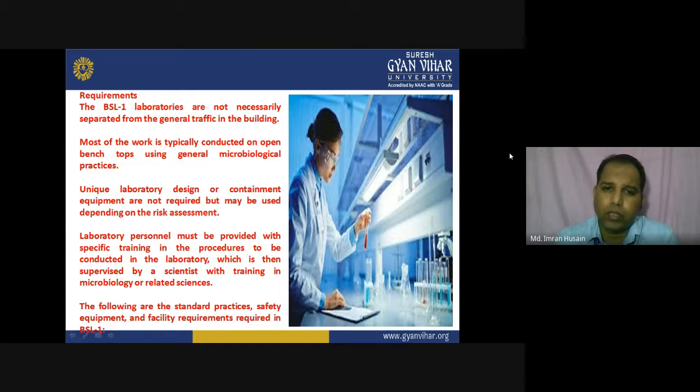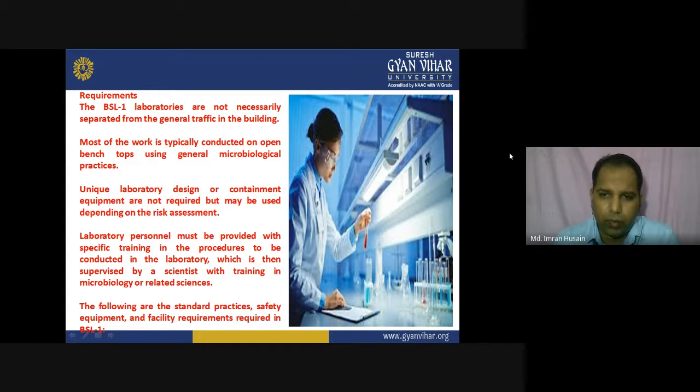Unique laboratory design or containment equipment are not required but may be used depending on the risk assessment. Most of the time, BSL-3 and BSL-4 laboratories are designed in a particular fashion, where they install specialized workbenches and facilities.